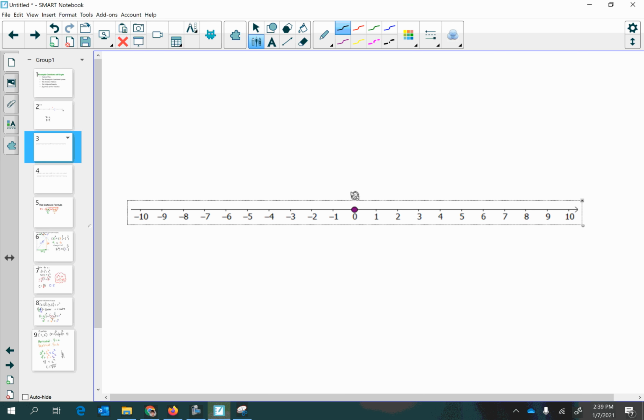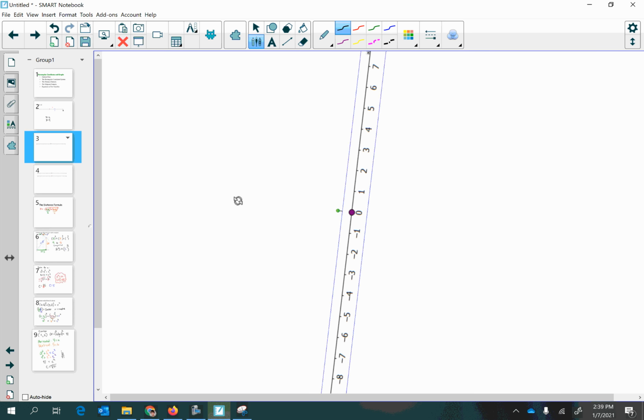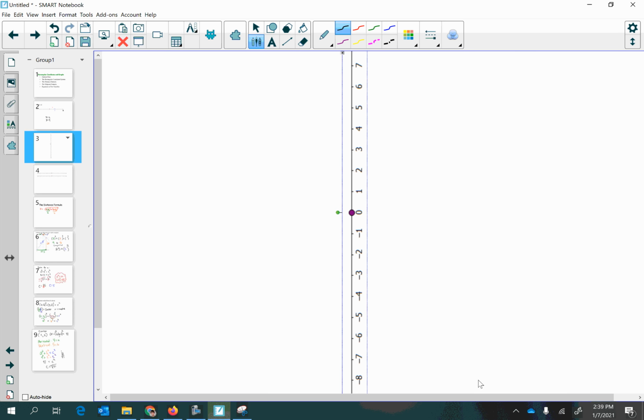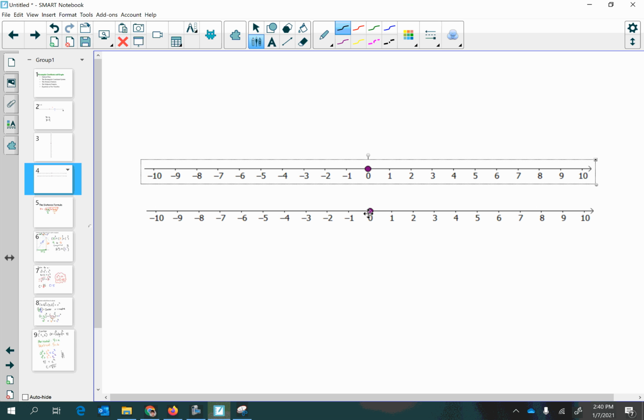All right, now let's make it a little more interesting. What if I make this line vertical? If I move upward, I'm moving in the positive direction, and if I'm moving downward, I'm moving in the negative direction. So why don't we have 2 of these together?